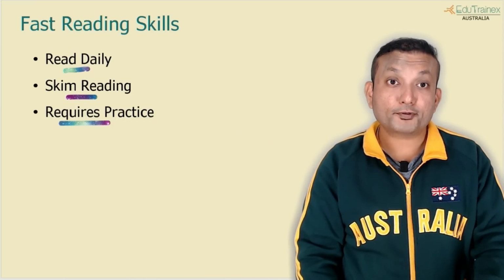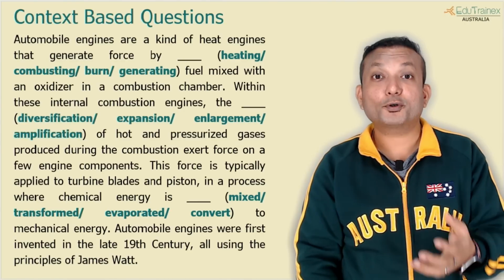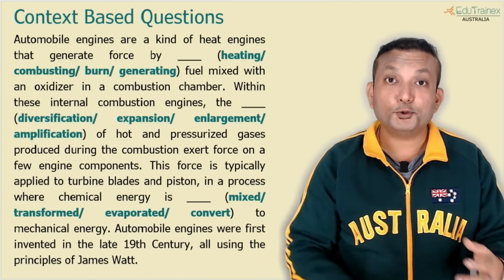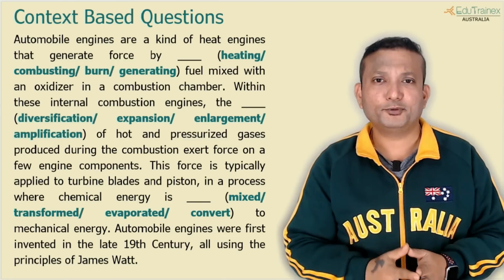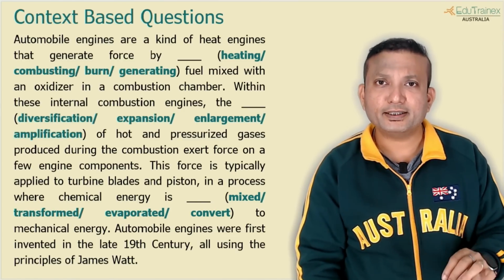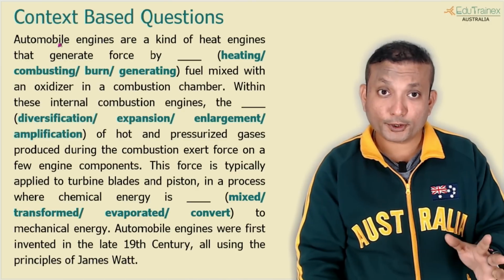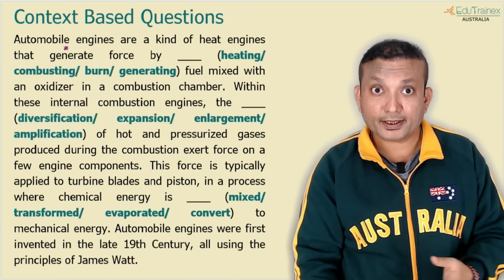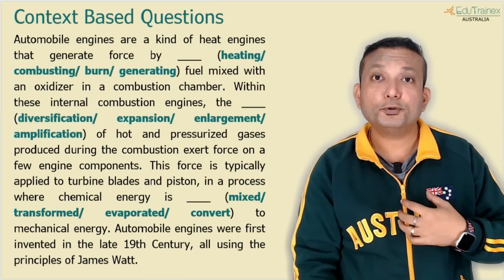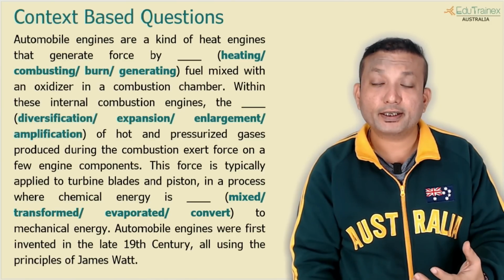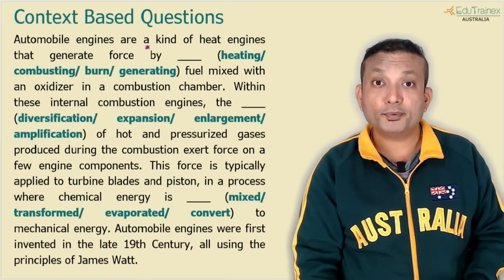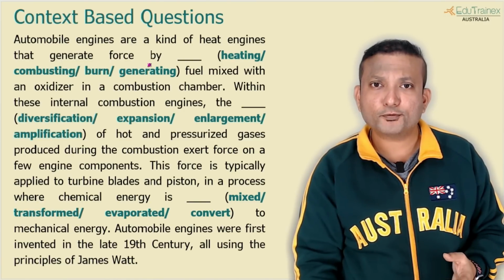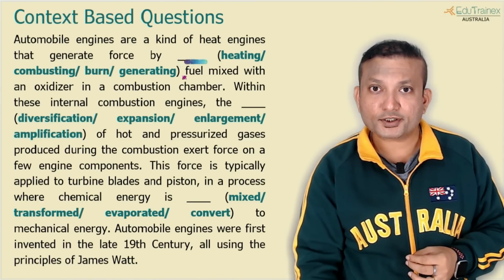Tremendous. After you achieve fast reading skills, if I show you a question like this, again an exam based question, you will be able to read very quickly and solve the questions. 2.5 minutes, easy. You can get 3 to 4 blanks easily within 2 minutes. So if you read the question and understand it, automobile engines, let me show you my way of solving this question directly in front of you. Automobile engines are a kind of heat engines that generate force by dash fuel mixed with an oxidizer in the combustion chamber.